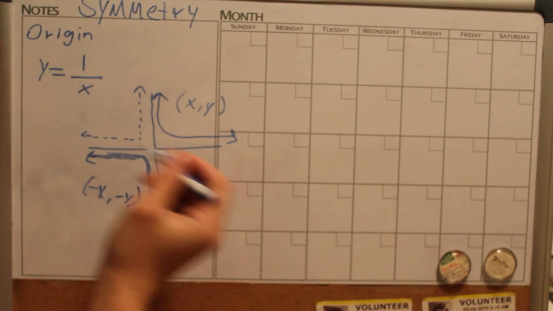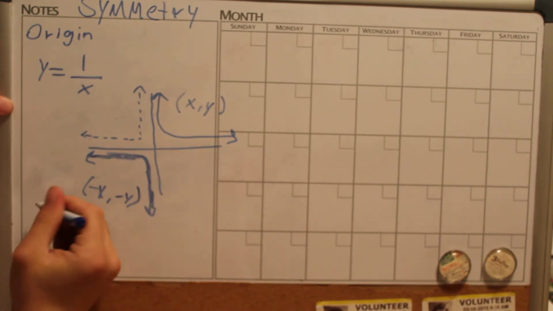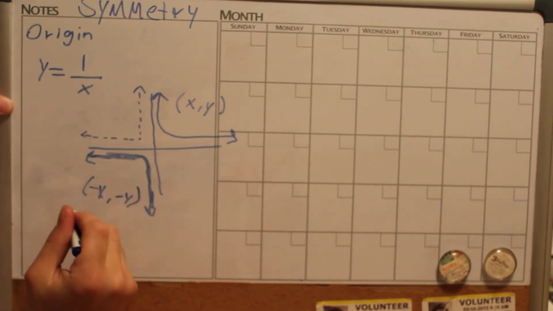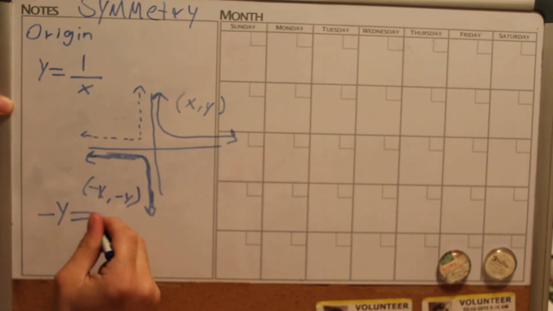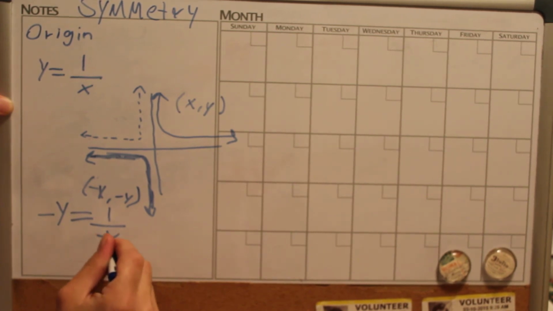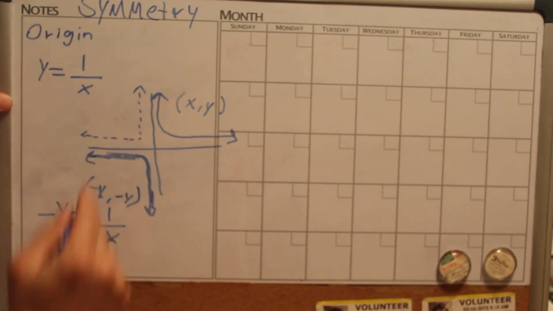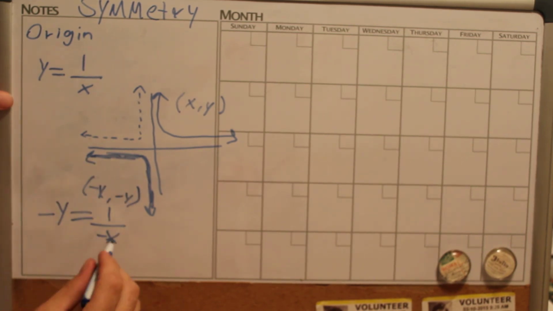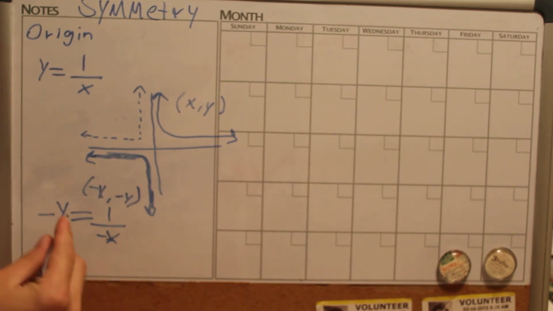So it makes sense because this is inverted too. So let's say, here's a nice way to look at it. So given this equation, let's rewrite it as negative y equals 1 over negative x. So we want this to become this. So what we want to do, we can't multiply by any constants here.